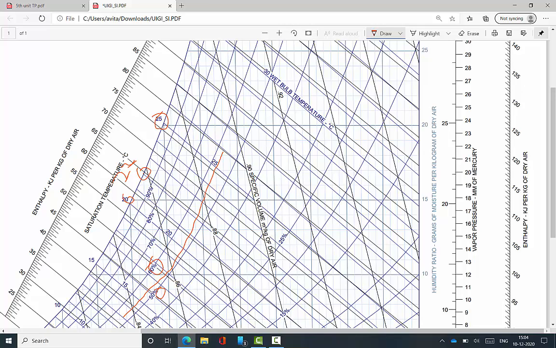You can understand this concept. These things are in the psychrometric chart. This is the enthalpy line, and this is the humidity ratio line, the y-axis. Already I explained the psychrometric chart in previous classes.